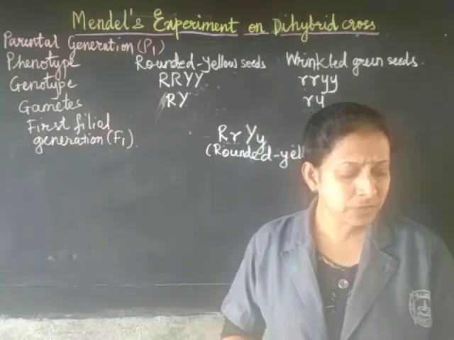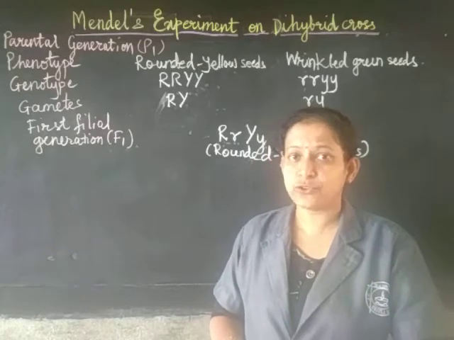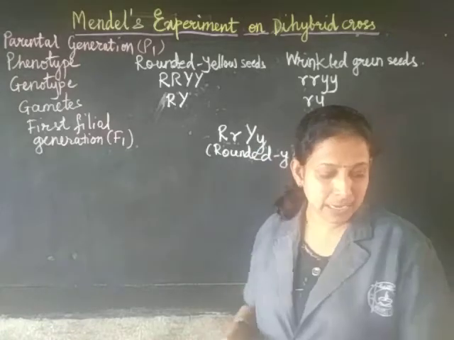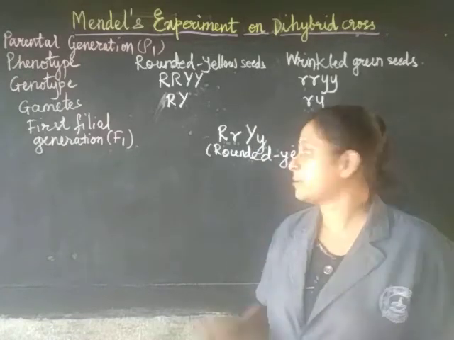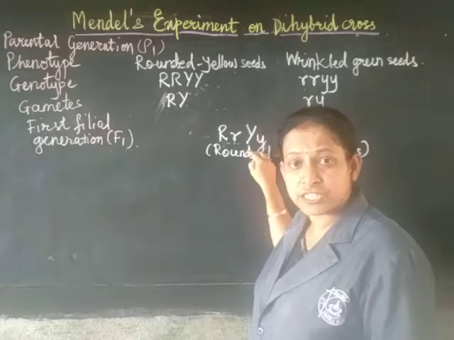Fine. So now let's see what happens in the second generation, the F2 generation, when selfing is done. What is meant by selfing? Selfing means the same rounded and yellow seeds of the first generation are used.